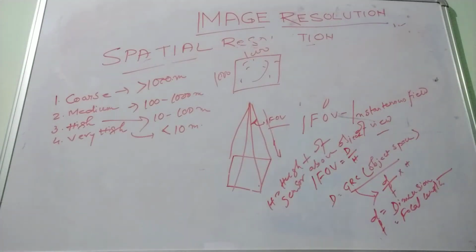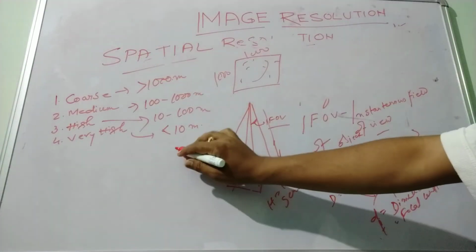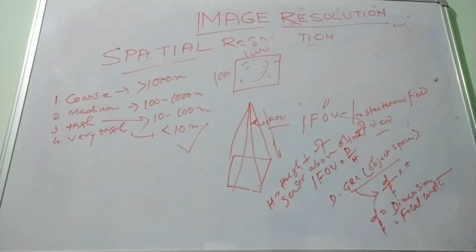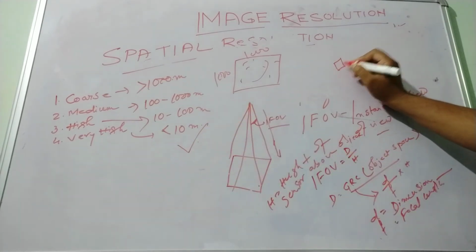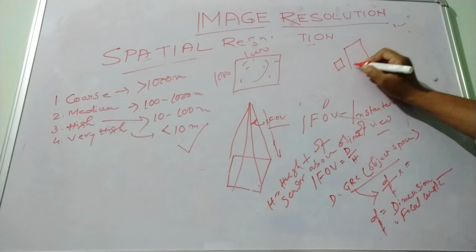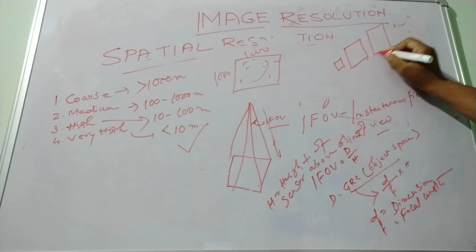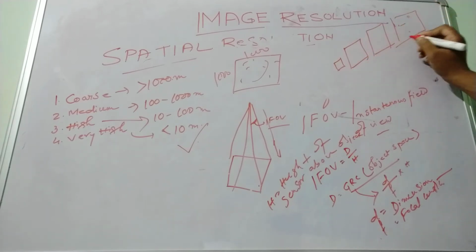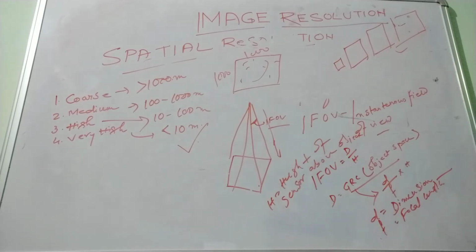Therefore, as the pixel size is smaller, we are able to identify the objects in more detail.